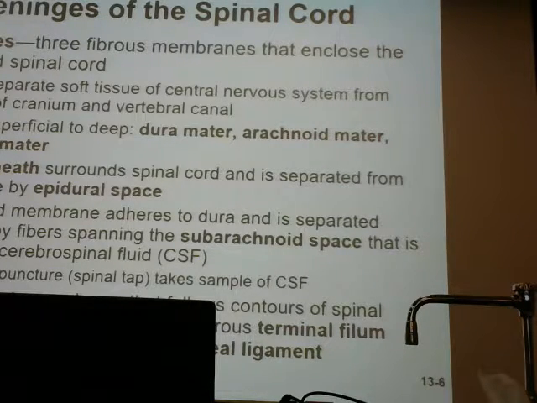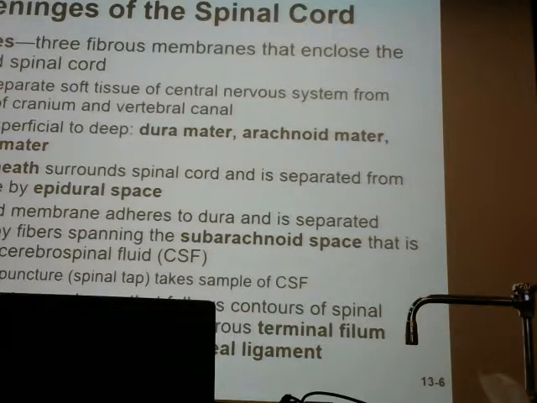That first layer, when we look at the brain and the spinal cord, is going to be able to follow the actual contours of the tissue. That is how close it's going to be in protecting that beautiful tissue.